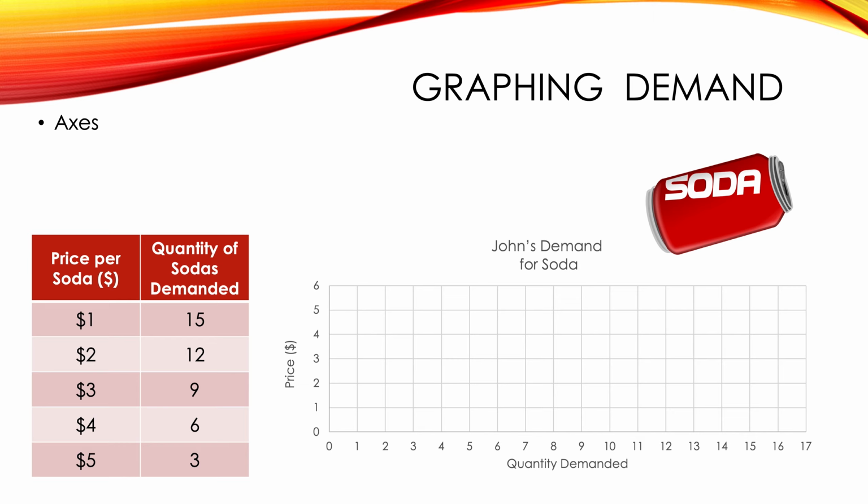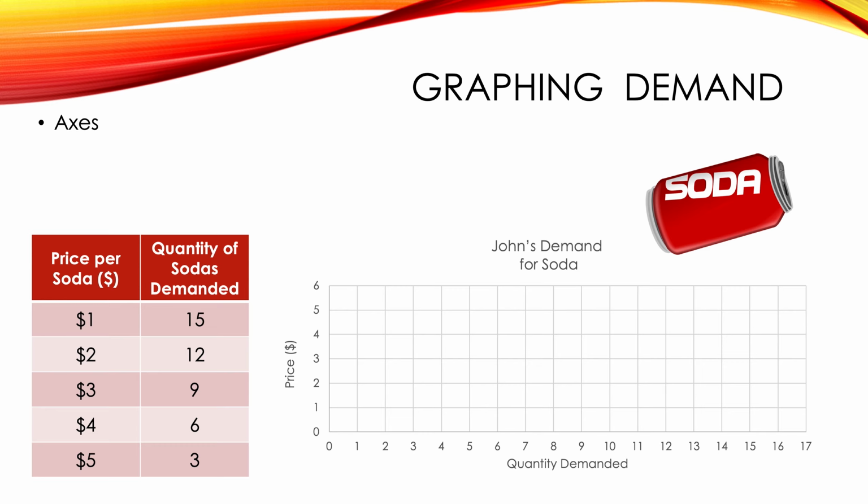Typically the dependent variable goes on the y-axis, but when we set up these graphs, we're going to put quantity demanded on the x-axis. On the y-axis, we're going to put the independent variable, which is price. So price is always going to go on the y-axis, and quantity demanded is going to go on the x-axis.